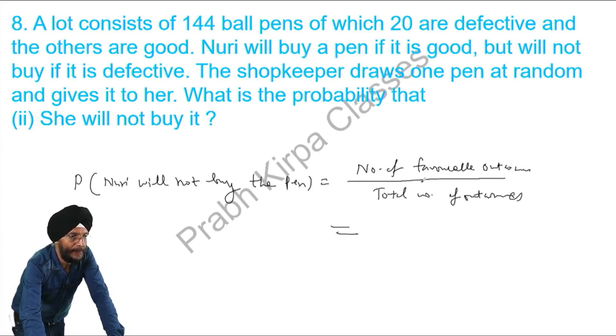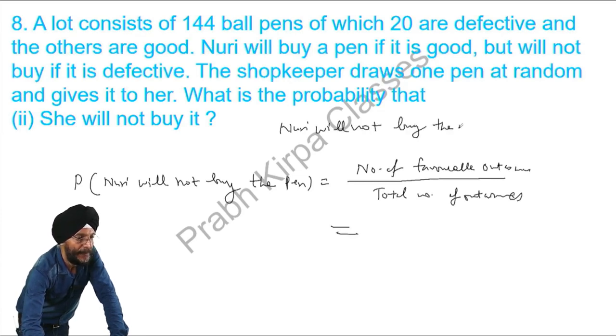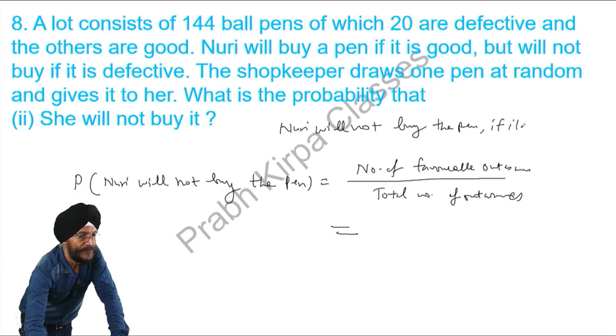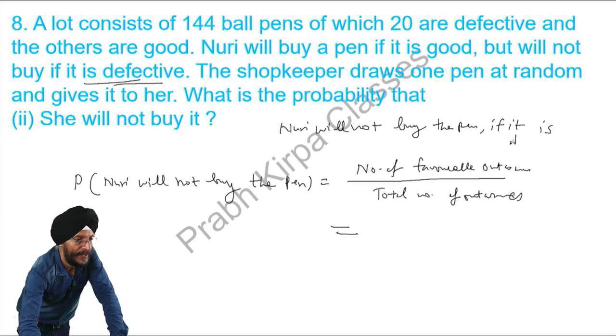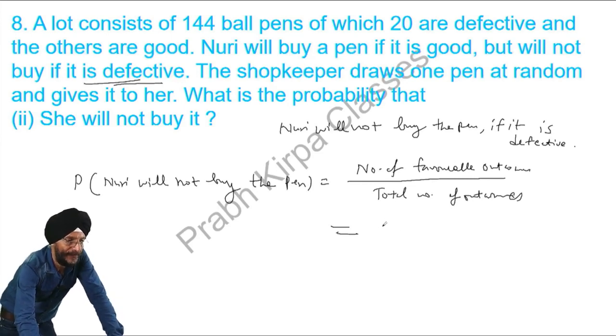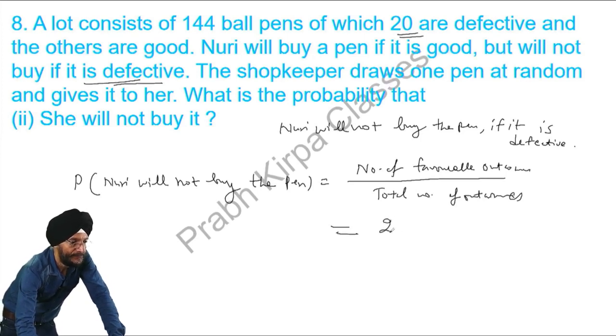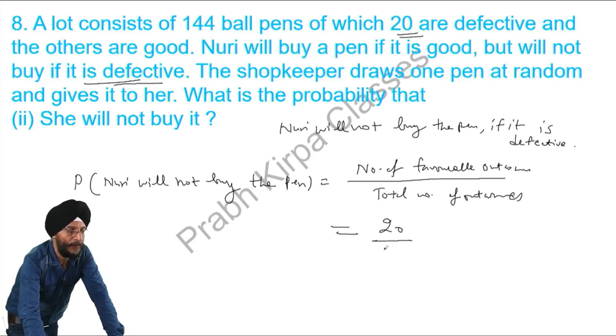So she will not buy the pen. Noori will not buy the pen if it is defective. So Noori will not buy the pen. Its probability is to be calculated by the number of defective pens. The number of defective pens are 20. It is to be divided by the total number of outcomes, total number of pens.